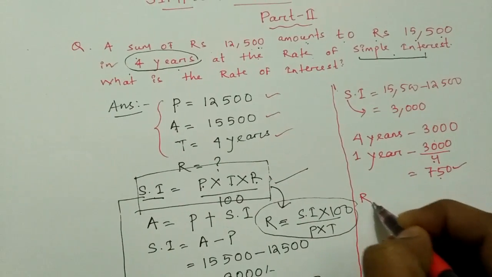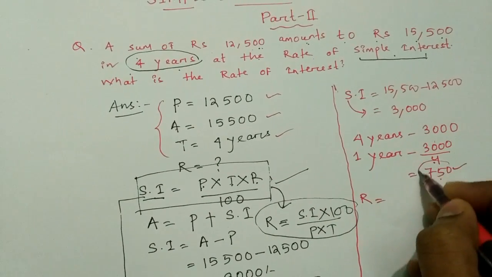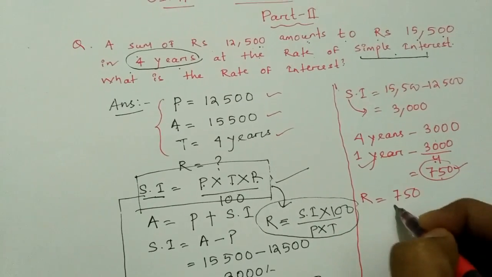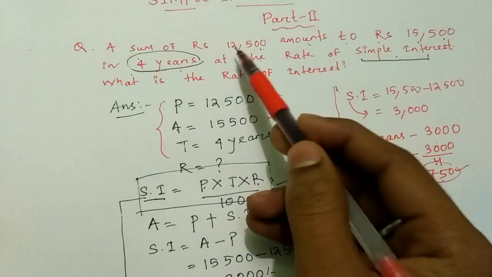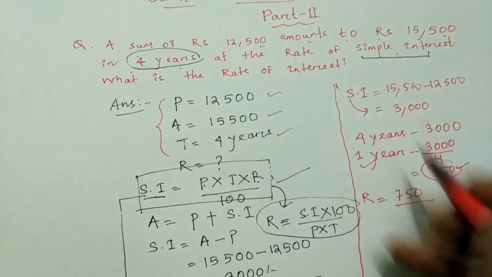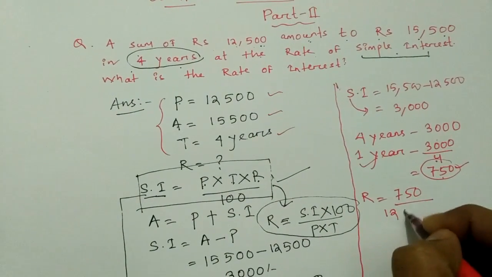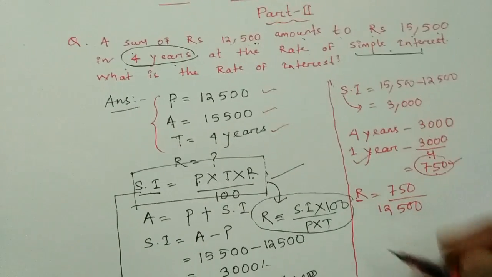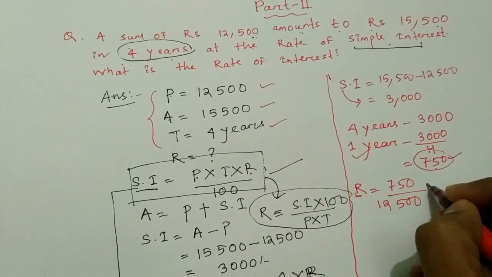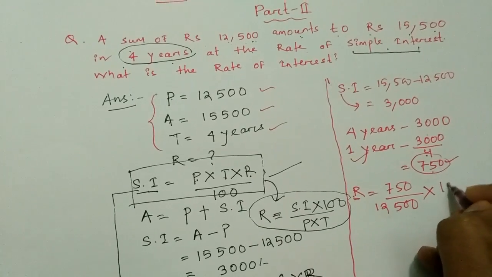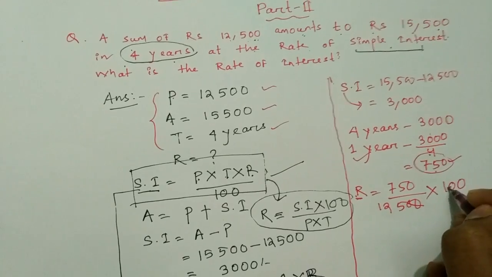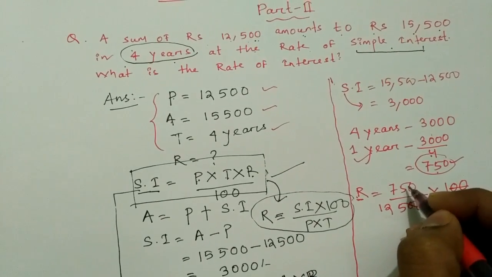So the rate of interest will be this SI for 1 year, that is 750, divided by the principal value, 12,500. Because simple interest is always found as a percentage, we have to multiply by 100. The 20 gets cancelled.